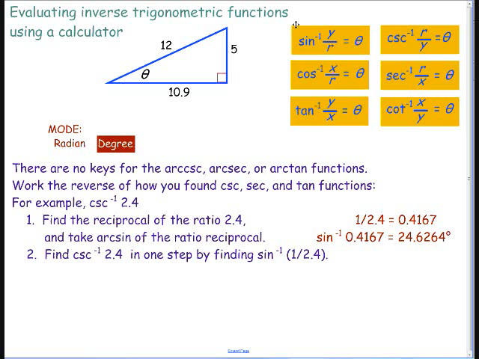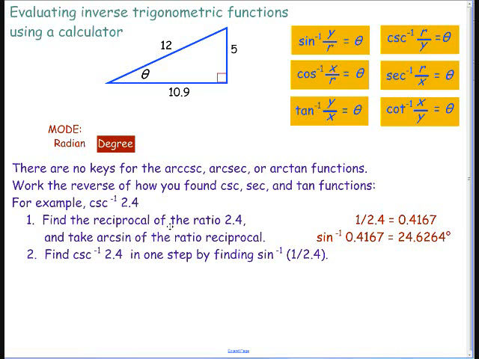What if you need to find the inverse trig function? Obviously, we don't have any key for arc cosecant, arc secant, or arc tan. So we're going to work the reverse of how you found these.